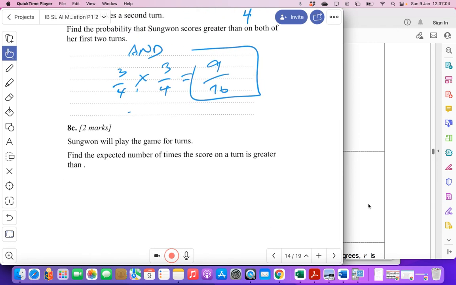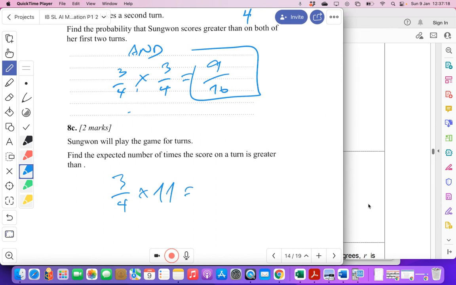So all I have to do is take, again, 3/4, the p-value, times the total number of turns, and I get 33 over 4, or 8.25, I guess you could say.